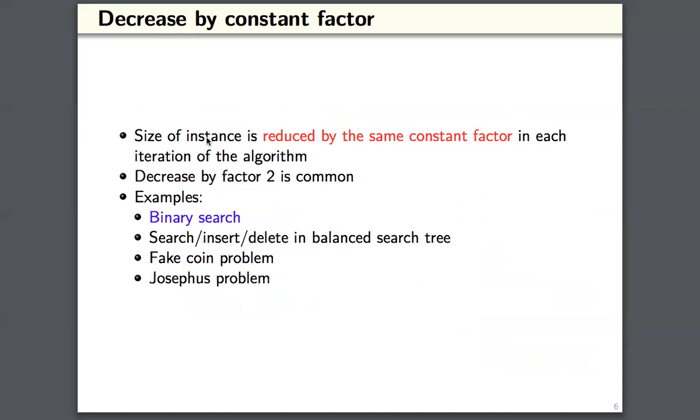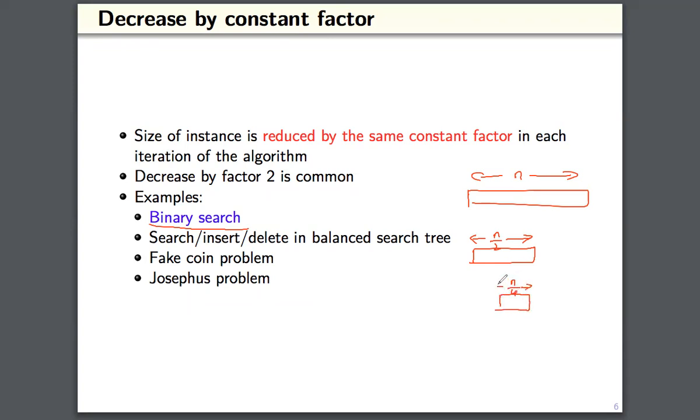Next, decrease by constant factor, reduced by the same constant factor. Binary search, right? In binary search, what happens? So initial size is n. Once you decide you are searching in the left half or the right half, the size decreases by a constant factor, 2. Suppose you decide to go in the right half, doesn't matter.